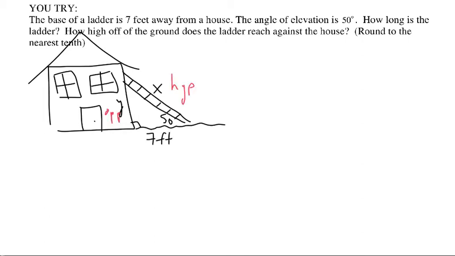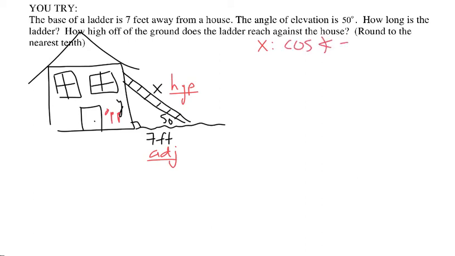You can see now that I have my 7 feet, so it's 7 feet away from the edge of the house. My y is the opposite, my hypotenuse is my x, and then my 7 feet is my adjacent. So if I wanted to find the x first, then I need to use my hypotenuse, and that number I already have, so hypotenuse and adjacent. You should have used then, that would be cosine of our angle.